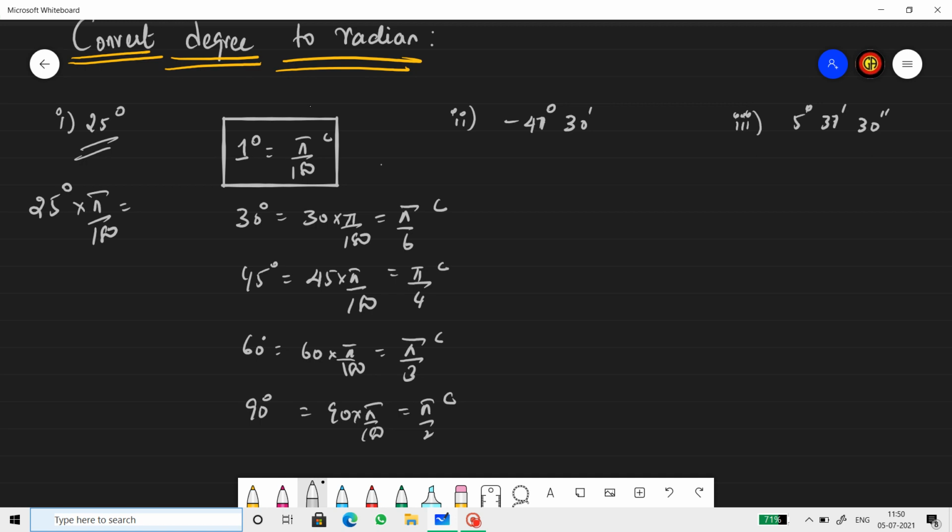Now you can leave the answer in pi here. Alright. So when I cancel it, we get 5 pi by 36 radian. So this is how we convert 25 degree to radian. So 25 degree equals 5 pi by 36 radian.